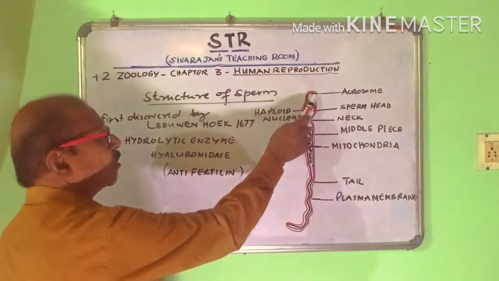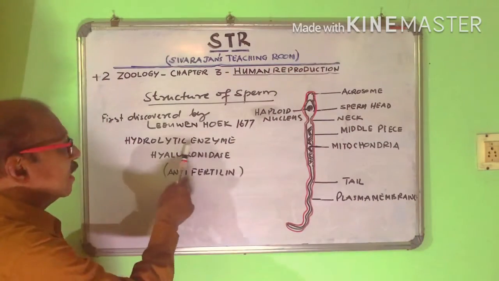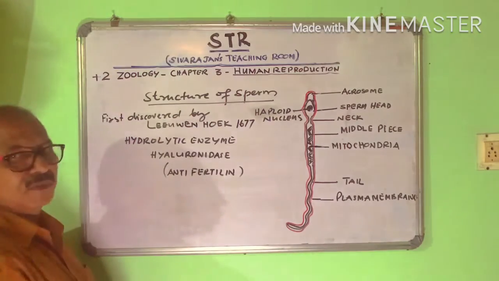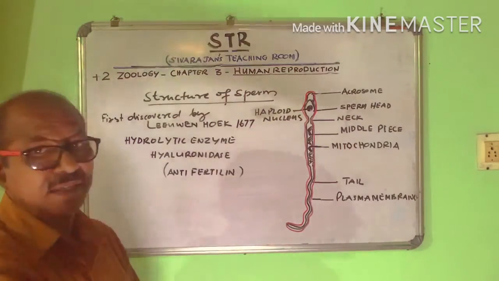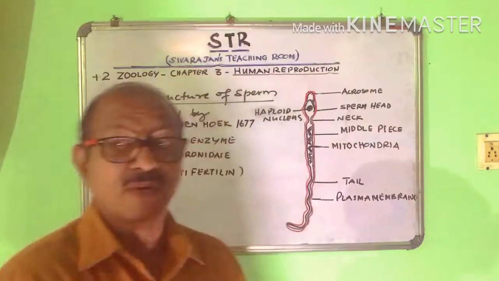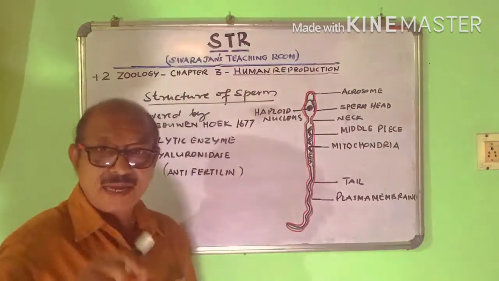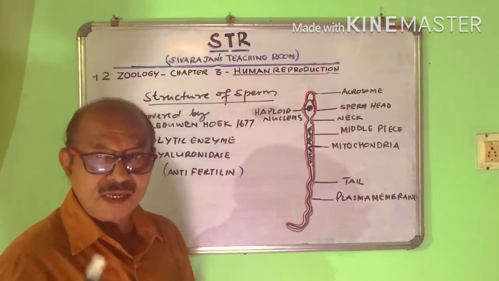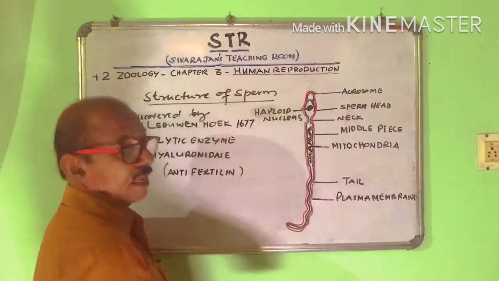But the acrosome contains the hydrolytic enzyme hyaluronidase. It is anti-fertilin. It destroys the fertilin, so it can create an opening in the zona pellucida, and the sperm can go in.